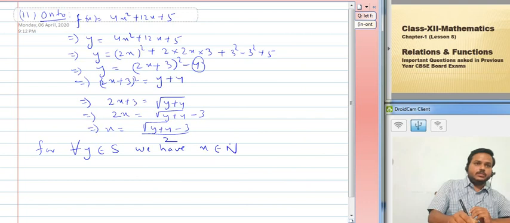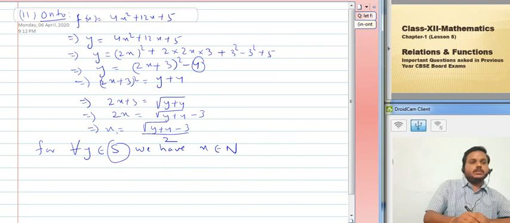Since I don't know about S, I can take any element such that x will be a natural number. For example, if I take 5 there, it will not be a natural number, but if I take something else it will definitely be a natural number.